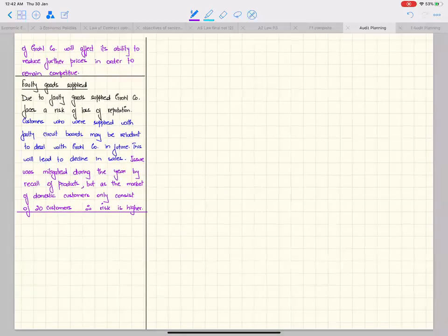I have identified that there is a risk of loss to reputation. The impact is that the customers will be reluctant and our sales will decline. The evaluative comment is that as the market is very small, the risk is higher, but we have mitigated the risk to some extent. That we have recalled the faulty products.